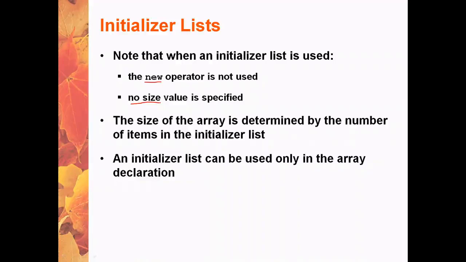So there is no need to specify the size of an array when you are using an initializer list. As I've said, the size is determined by the number of items in the initializer list. An initializer list can be used only in the array declaration, remember.